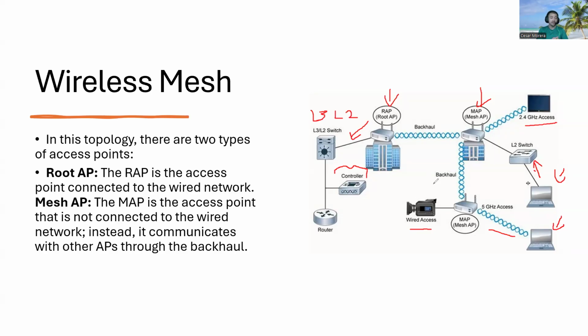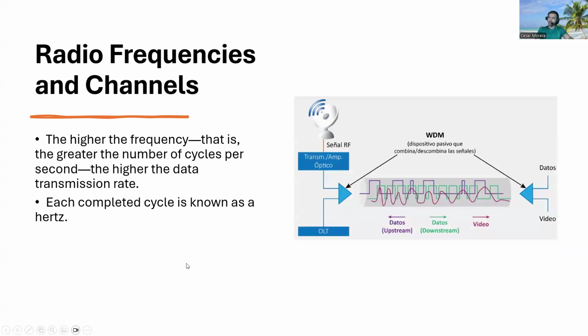Instead, it communicates with other APs through the backhaul. A mesh AP, let's see, is actually this one. You can see that it has two wireless connections via the backhaul, and there is a physical connection to a layer 2 switch. So that's what we have there. Let's go ahead and clear the drawings for a moment and let's move on.